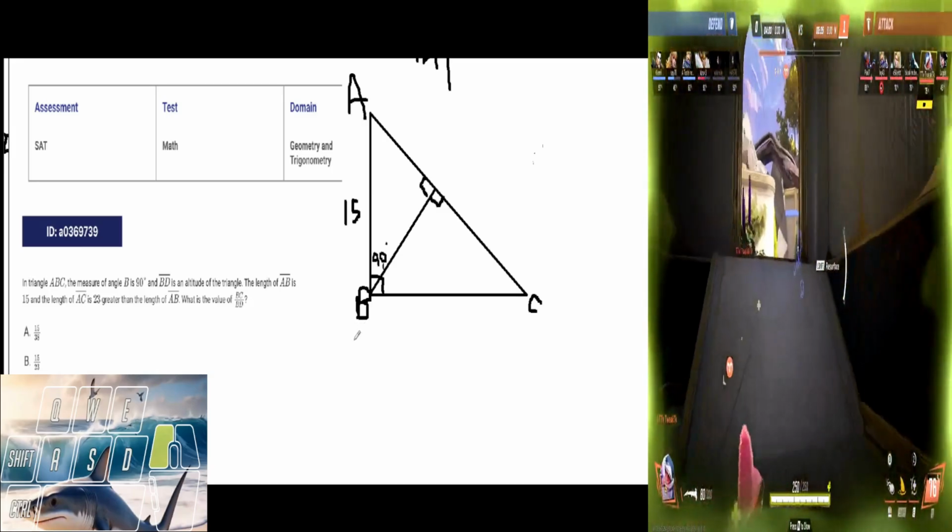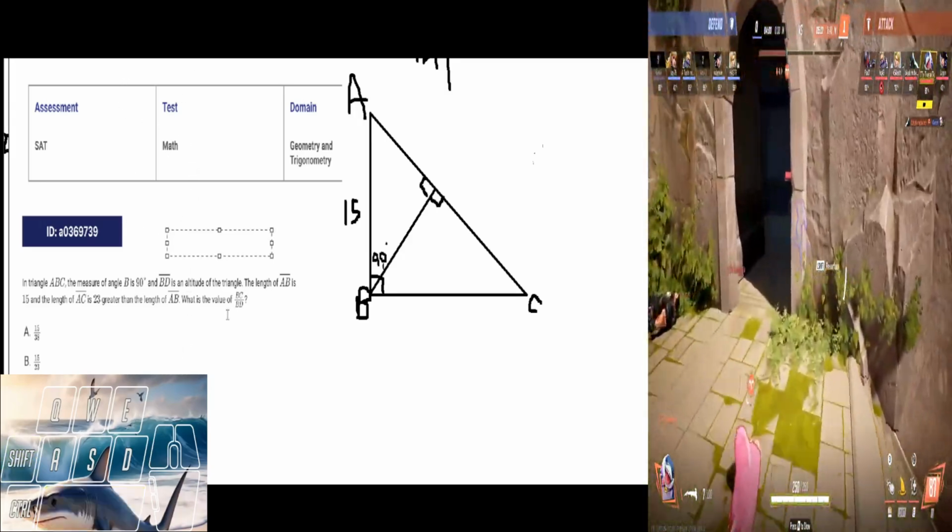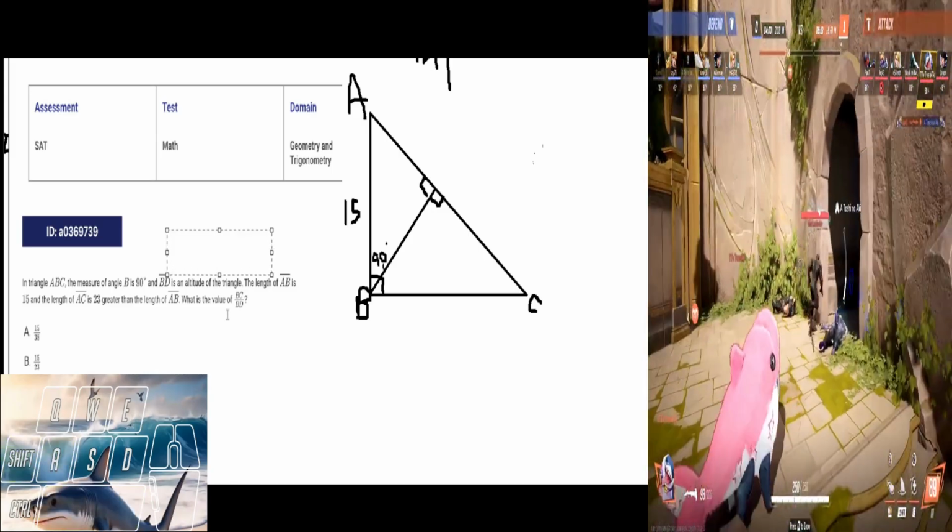The length of AB is 15, and the length of AC is 23 greater than the length of AB. AC equals 23 plus AB. AB equals 15. Therefore, AC equals 38.